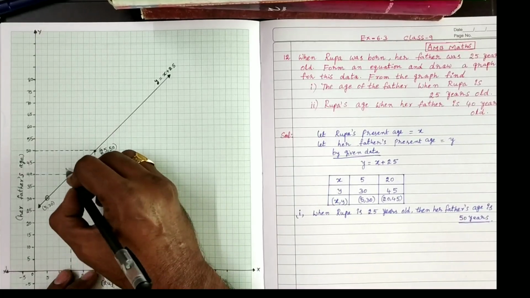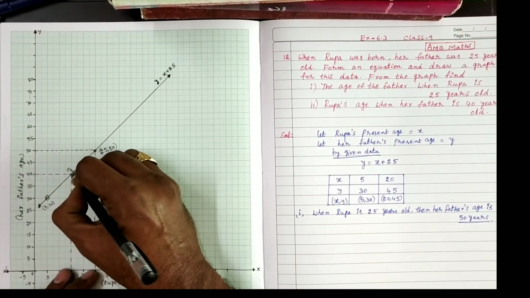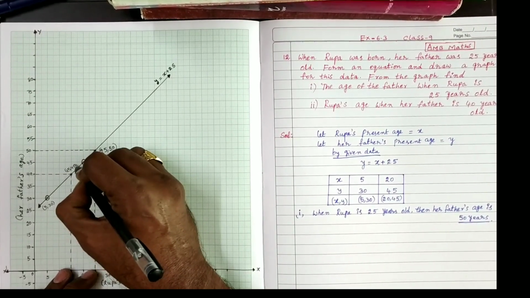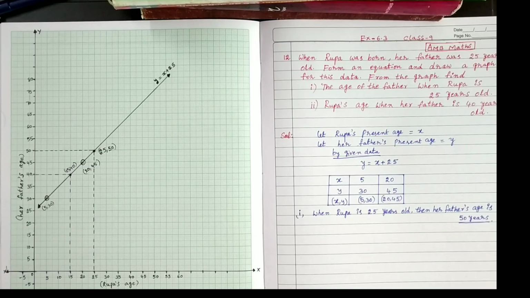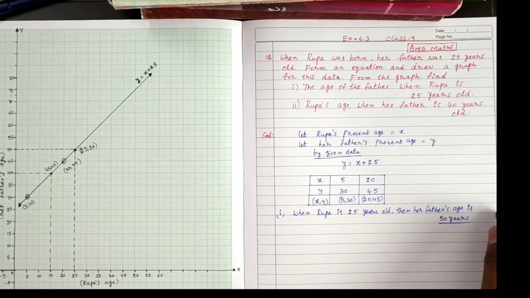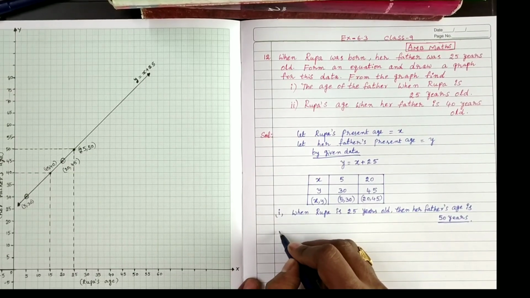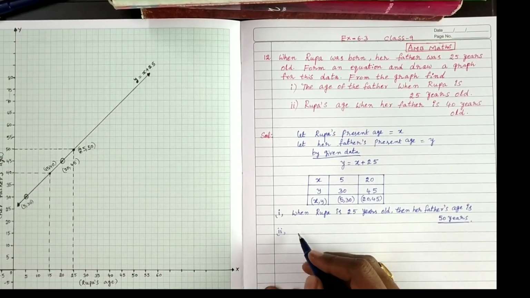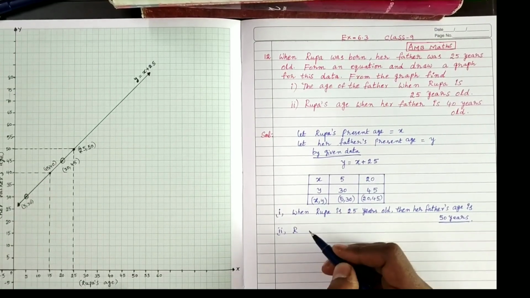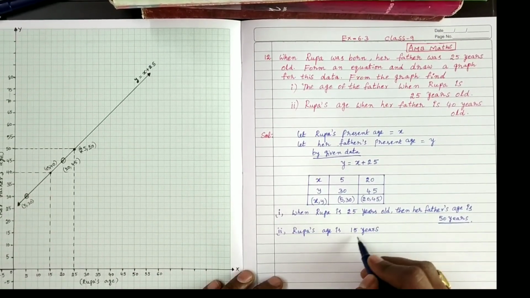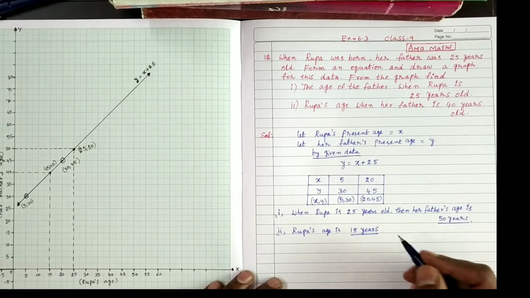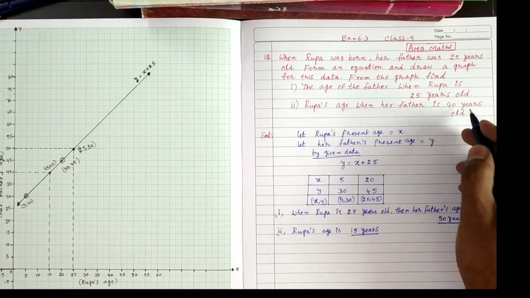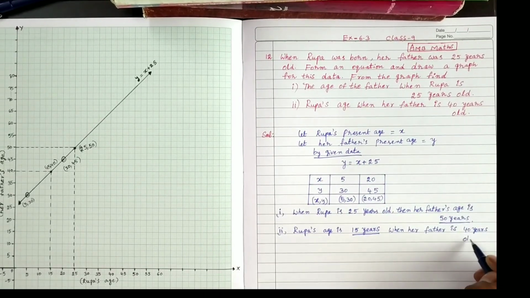So this is 15, 40. So the second question's answer is Rupa's age is 15 years when her father is 40 years old.